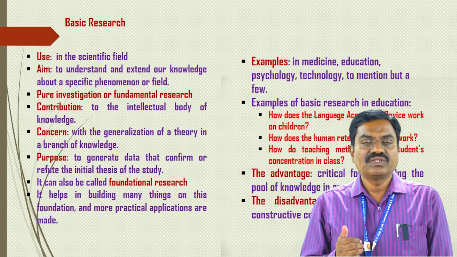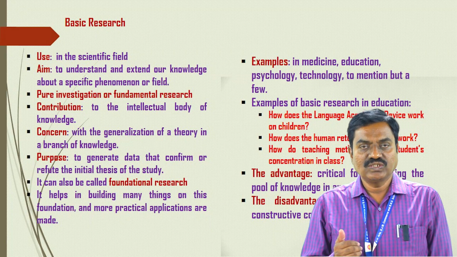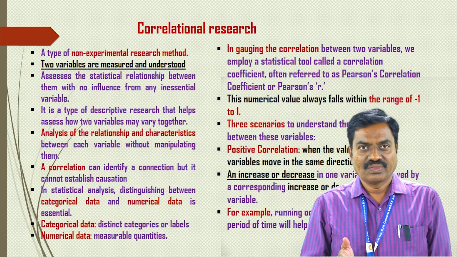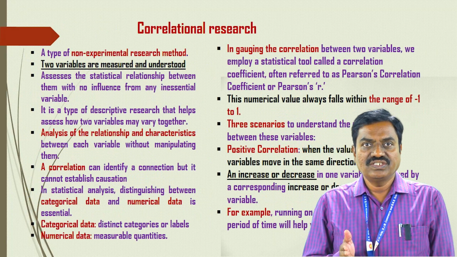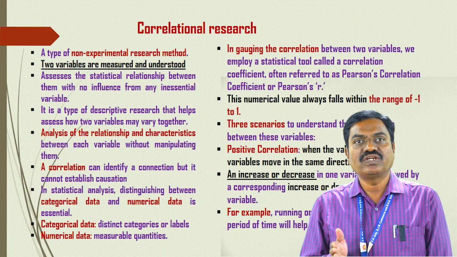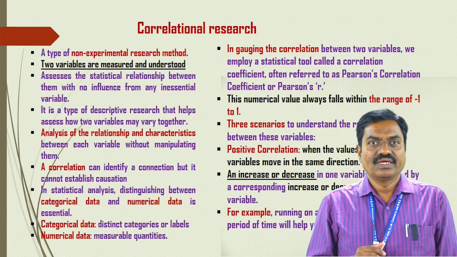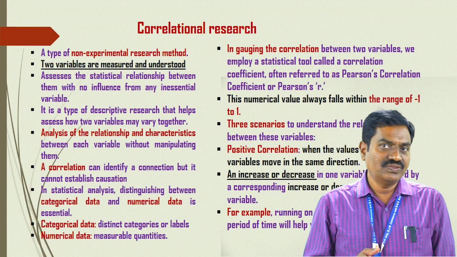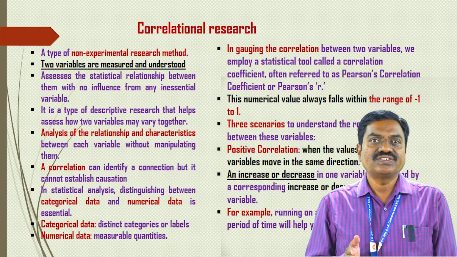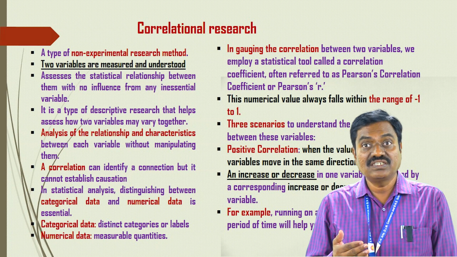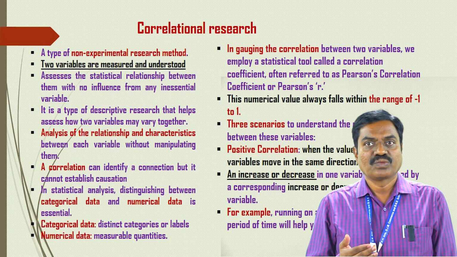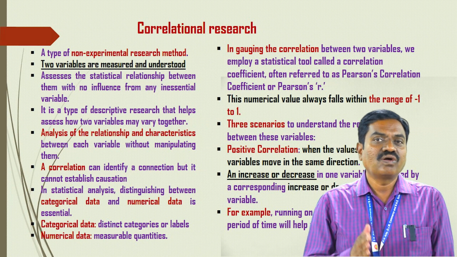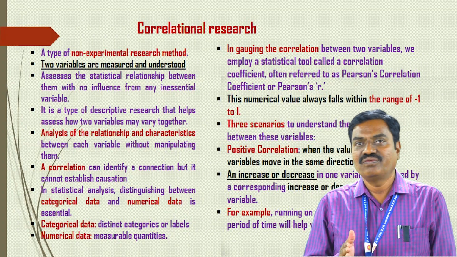Now we shall go ahead with the third type of research, that is correlational research. Correlational research is a type of non-experimental research method. In this type, a researcher measures two variables and assesses the statistical relationship between them with no influence from any inessential variable.